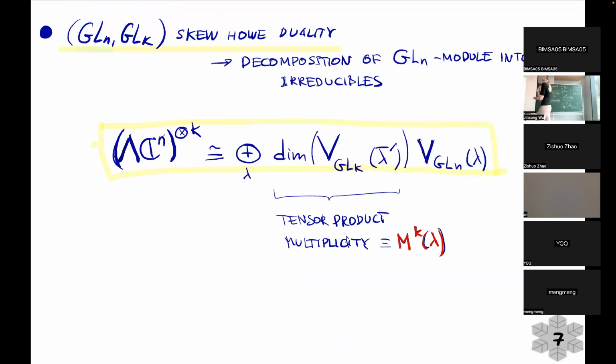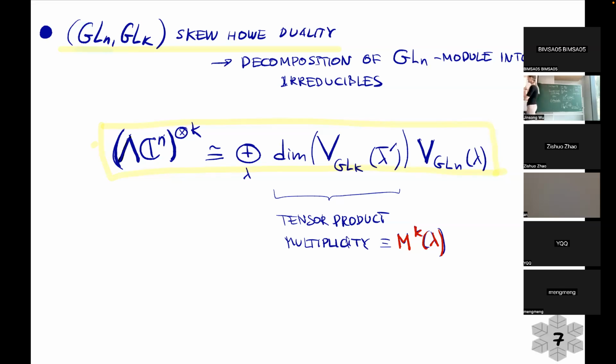Yeah. So again, I have started my talk about the tensor powers and how the skew Howe duality can help us. Exactly, we can consider the action of one of the groups in the pair. So we can consider a GL_n module and take it to the tensor power case.